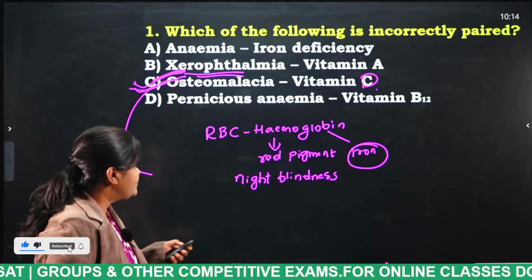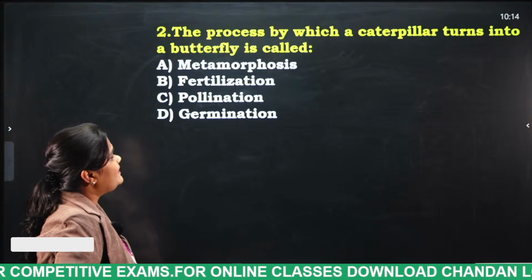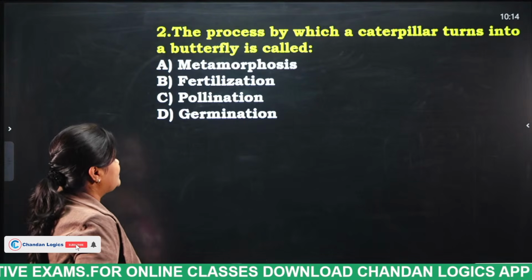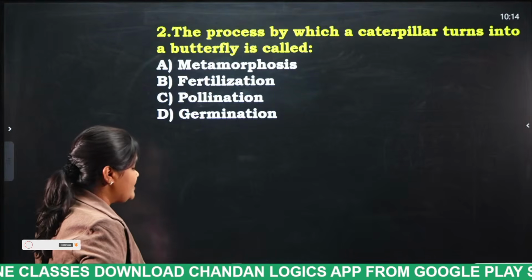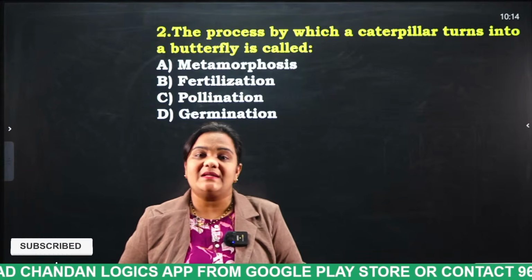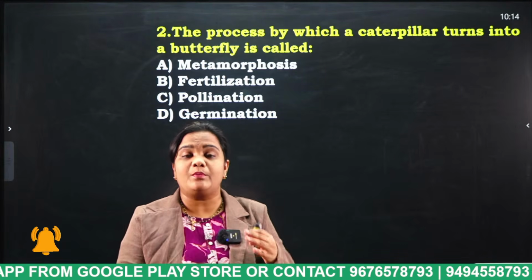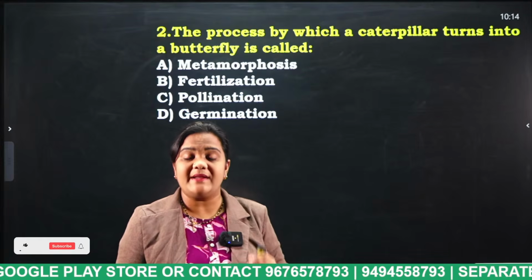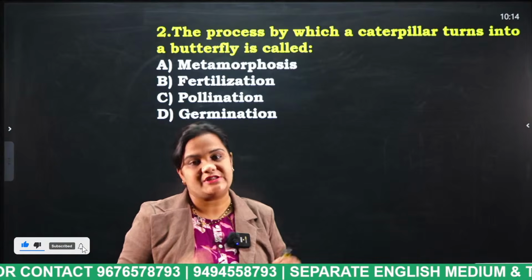Okay, next question. The process by which a caterpillar turns into a butterfly is called: metamorphosis, fertilization, pollination, or germination. Now tell me, students, a butterfly develops in 4 stages.